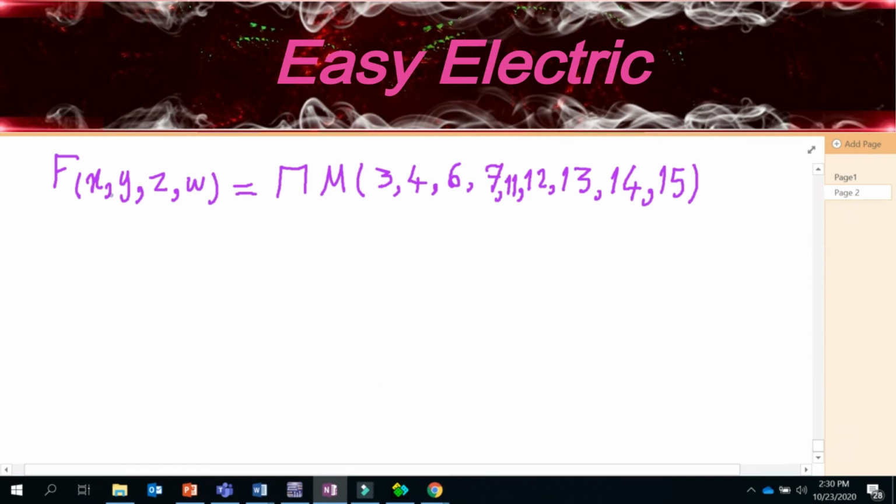So we have again a function with 4 variables. So the K-map should have 16 sections, right?